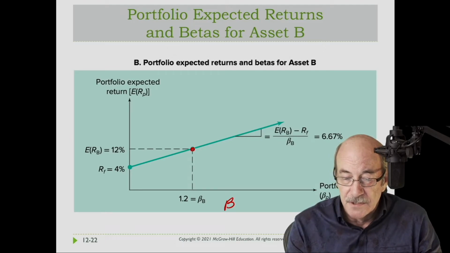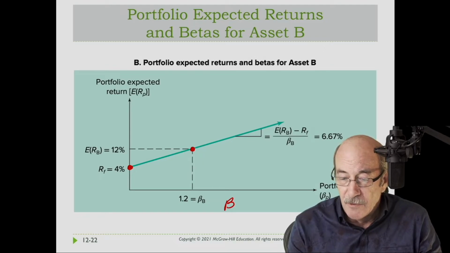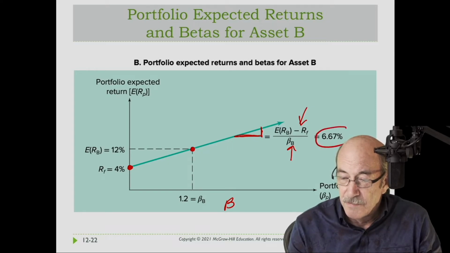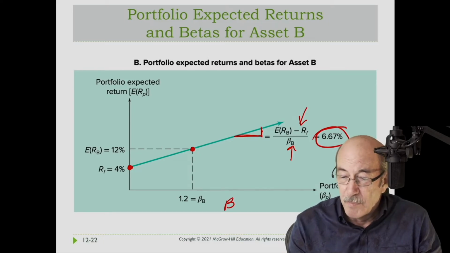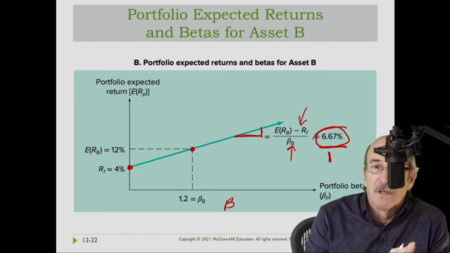And here is asset B. Here is the risk-free. And we do the rise over the run, risk premium over the systematic measure of risk. And in this case, we get 6.67% per unit of beta risk.